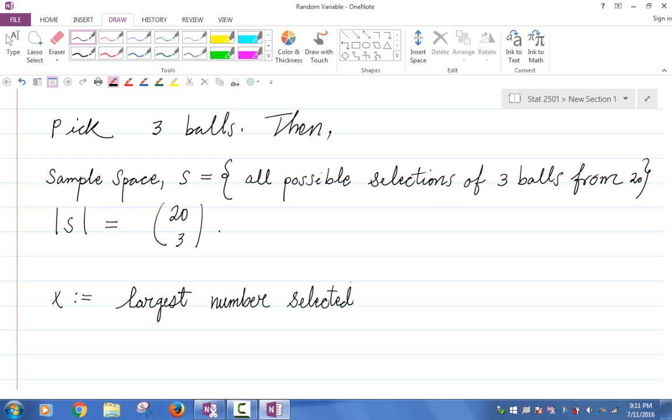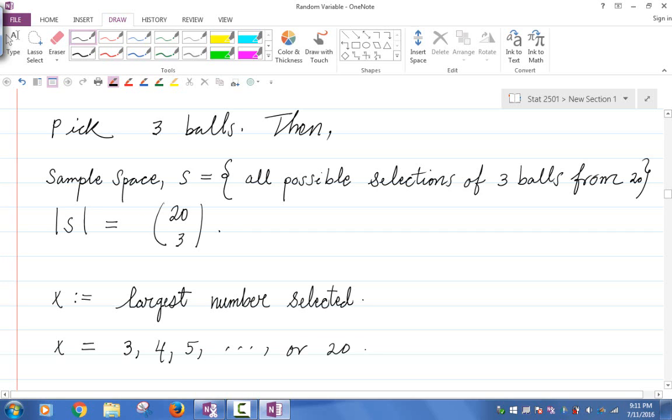And what are the possible values of X? Notice that X couldn't be 1 or 2, because if we are picking 3 balls, the largest number has to be at least 3. So the possible values of X are 3, 4, 5, ... or 20.